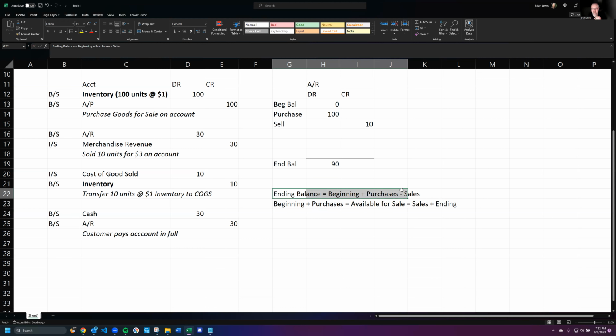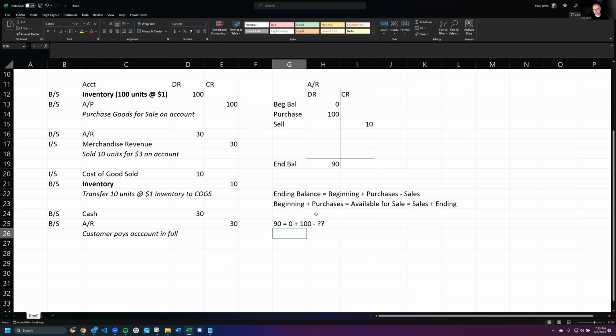And then you just have to figure out, well, what do I have? So let's say they say you got 90 as an ending balance, you had 0 as a beginning balance, and you have purchases of 100. How much did you sell? So you know you have 90 equals 0 plus 100 minus the sales, which is the question mark, X. Or for those who don't like X's, we'll just put question marks.